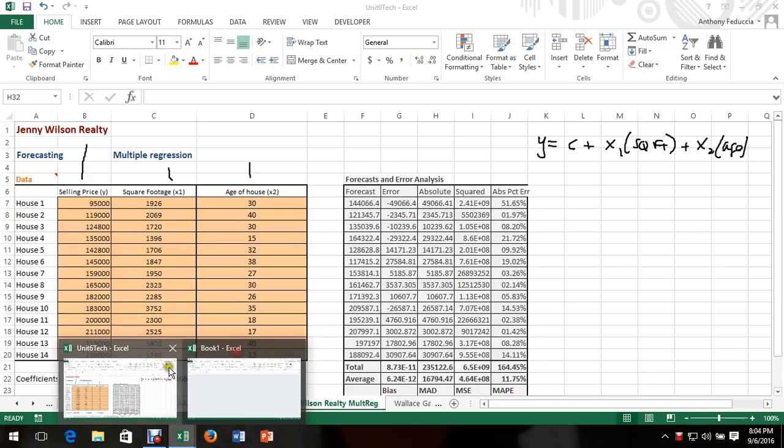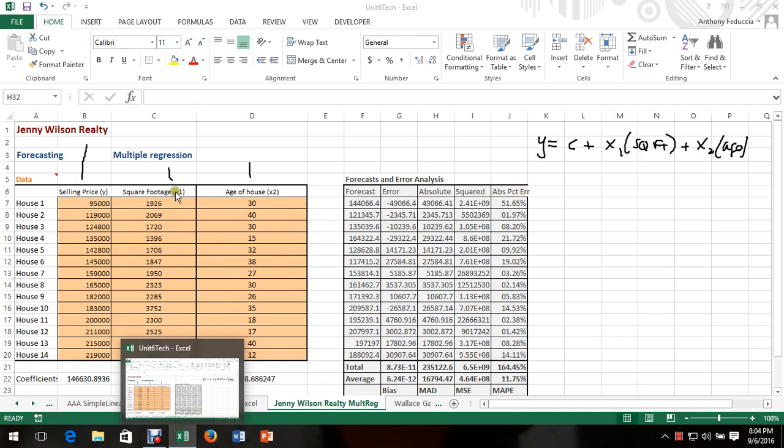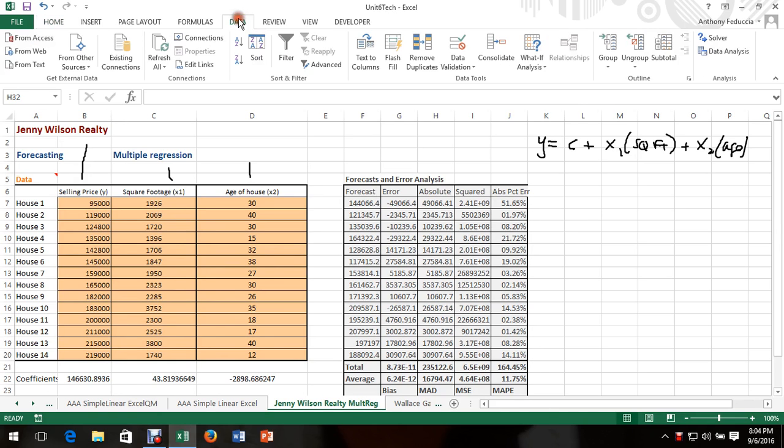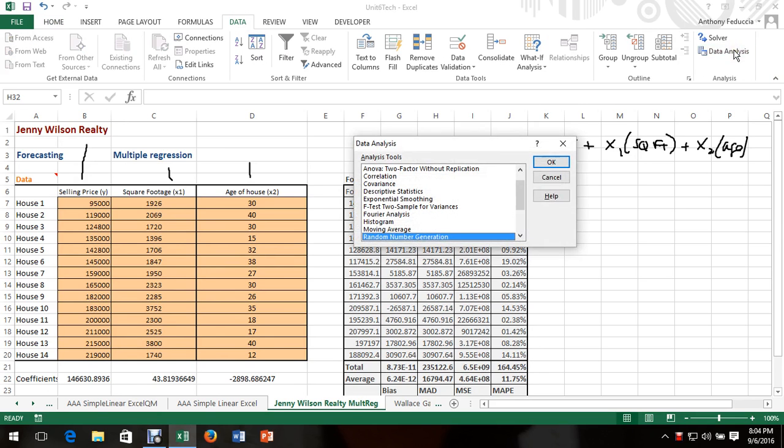What I can do is go into data analysis, and go into regression, where here it is right here, regression.